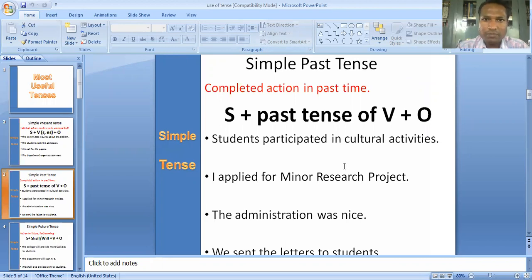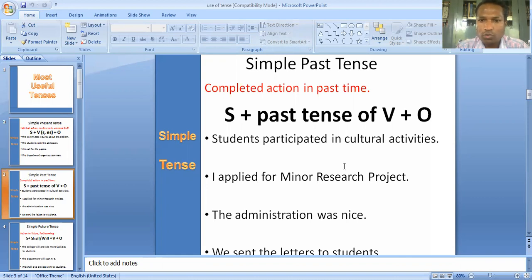So here, which is the subject? Students. Good. And past tense of verb? Participated. That is past tense of verb. आणि त्याचा बेसिक फॉर्म काय आहे पार्टिसिपेटेडचा?